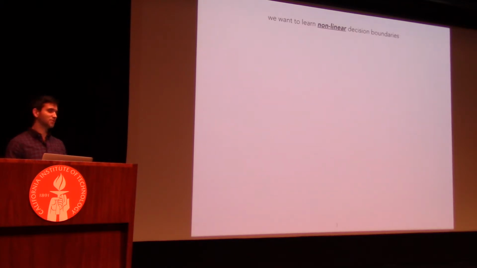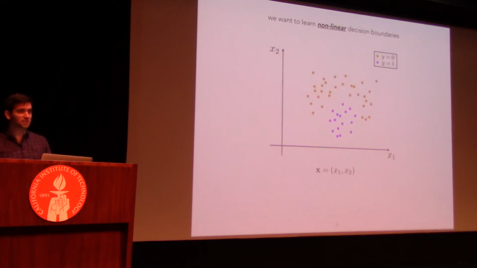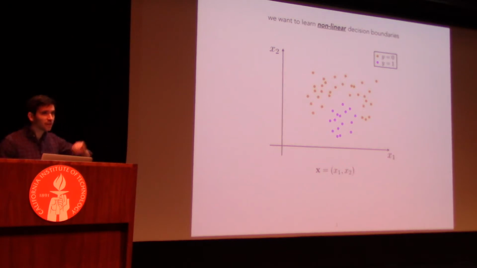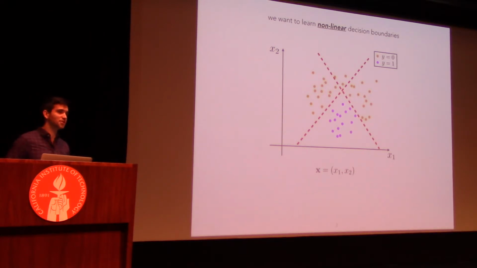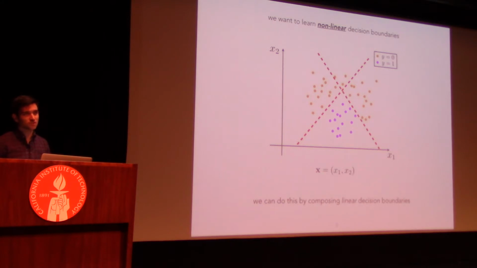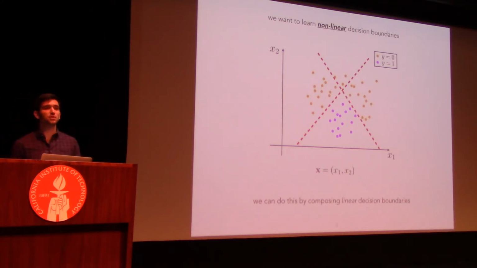So just to review, last time we said we would like to be able to learn nonlinear decision boundaries. So if we had some data like this, we saw that instead of actually trying to fit a curve to this data, we could cut it up with a series of lines and we'd still have a nonlinear decision boundary. So we saw that we could compose linear decision boundaries in order to get a nonlinear decision boundary.